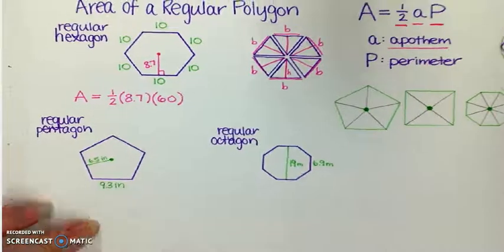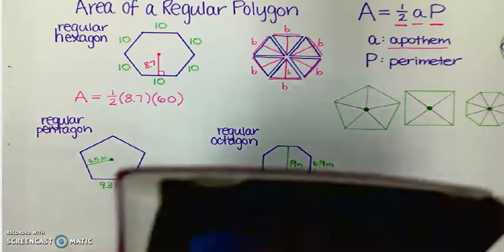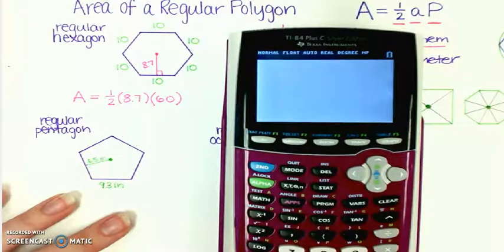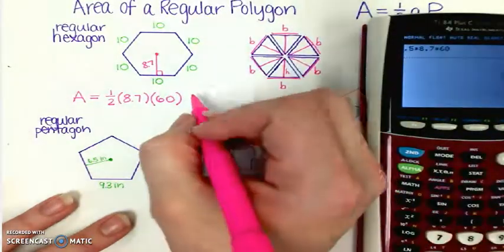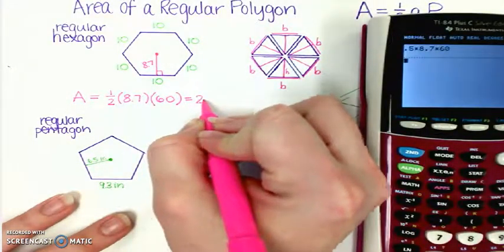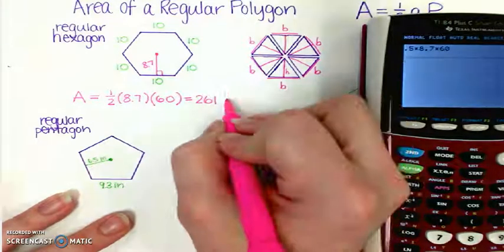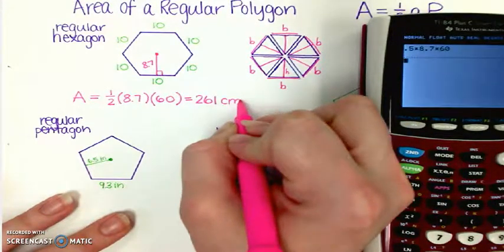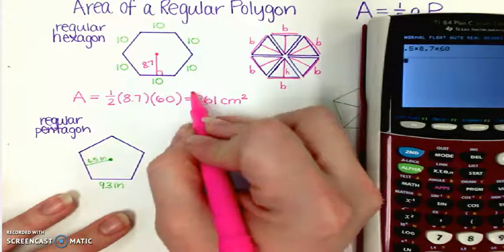And then we could just calculate that. So I'm going to do 0.5 times 8.7 times 60. 261. And if those lengths were measured in centimeters, square centimeters would be our unit.